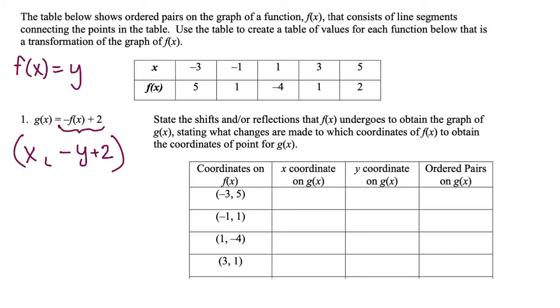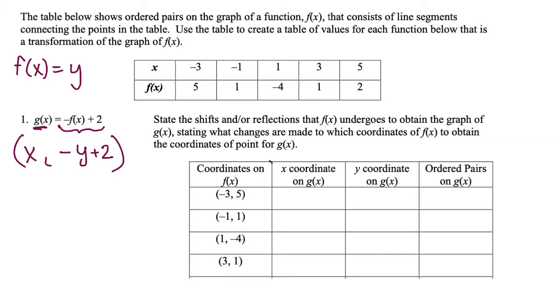So if we want to build a new function g, it's saying leave x alone. So over here, it's saying state the shifts, and we'll come back and do that in just a minute. But it's saying, well, what's going on with this, and how is that going to change and make g? So we're going to break down each coordinate.